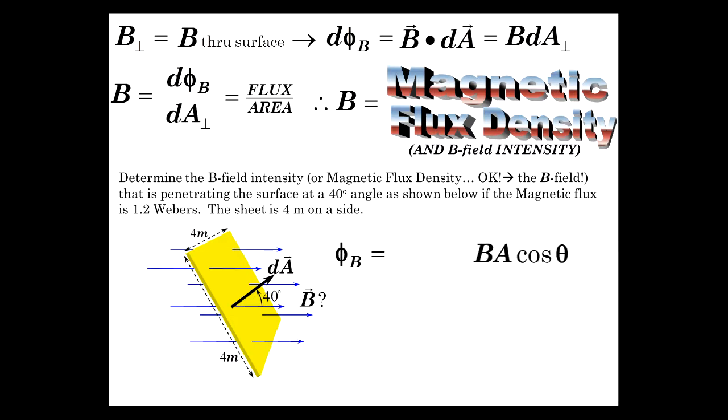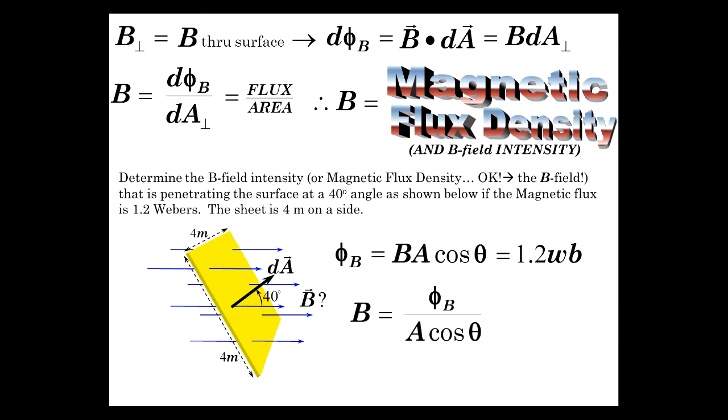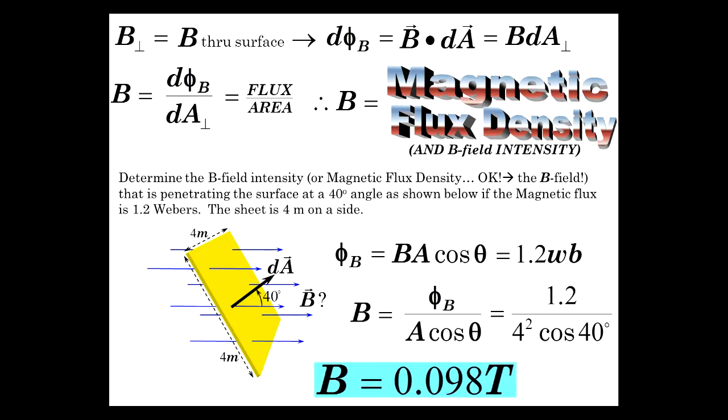So, magnetic flux, BA cosine of theta. And that's 1.2 Webers, as given. So, magnetic field, just do the algebra, flux over A cosine of theta. 1.2 over 4 squared, cosine of 40, gives us our small fraction of a Tesla. So we can convert that to Gauss, 980 Gauss.